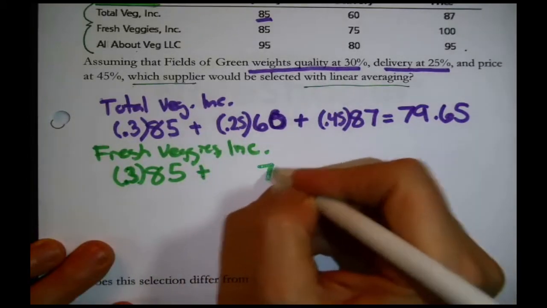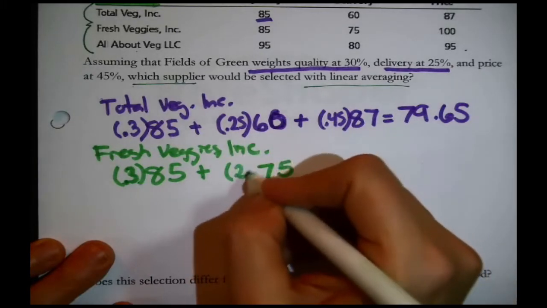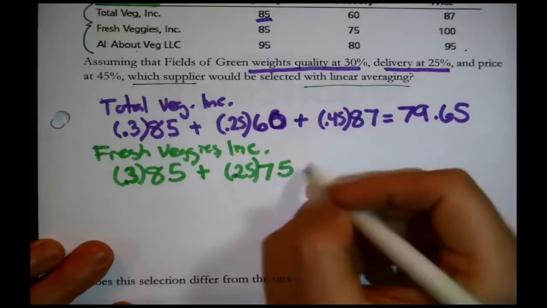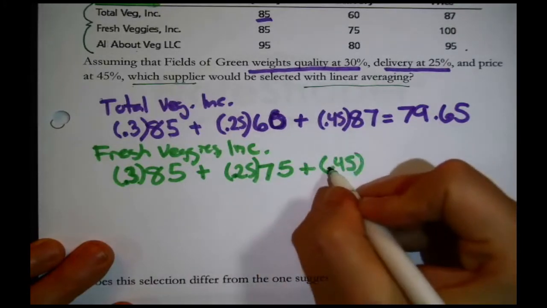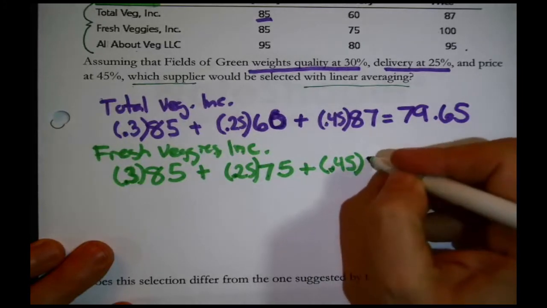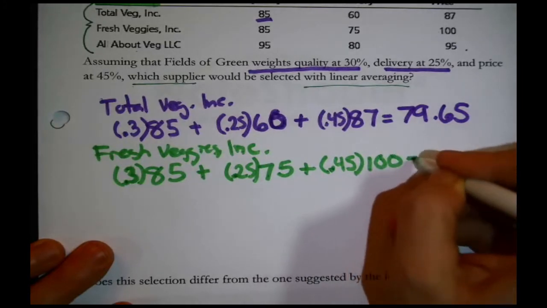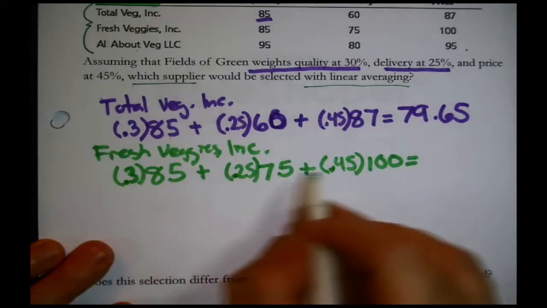Delivery, we like their delivery terms better because we gave them 75, but the weight is 0.25, right? And 45% for price. Oh, and Fresh Veggies Inc., we gave them a big score on that, a score of 100.